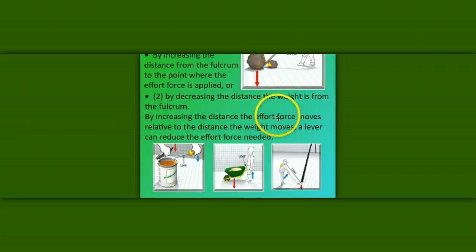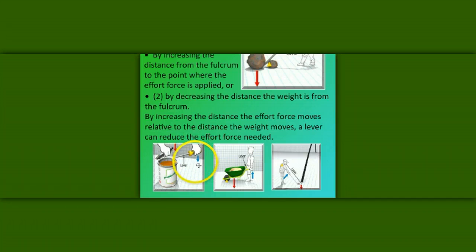By increasing the distance the effort force moves relative to the distance the weight moves, a lever can reduce the effort force needed. So in this picture, blue was the effort force, so she's pushing down, and it could be a guy, but I'm saying she because I'm imagining that I might be doing this. I am pushing down on my screwdriver.